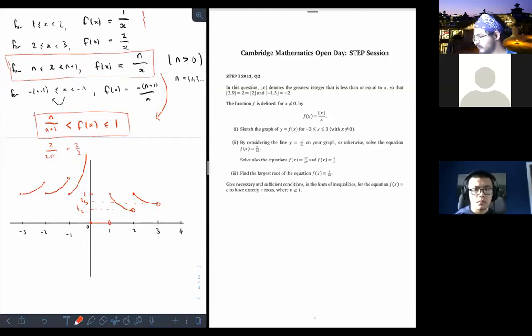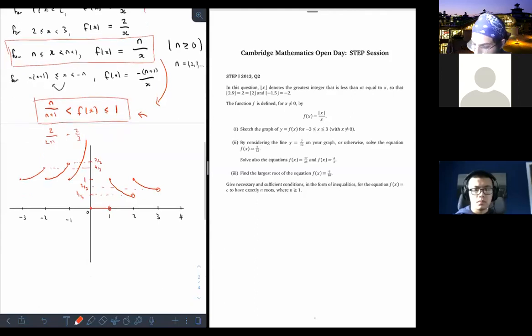So this value, for example, is equal to 3 over 2, and this value is equal to 4 over 3. That just comes from sketching f in those different ranges, thinking about, as we did before, the values of f in the range. Okay, so that's the sketch for x between minus 3 and 3.